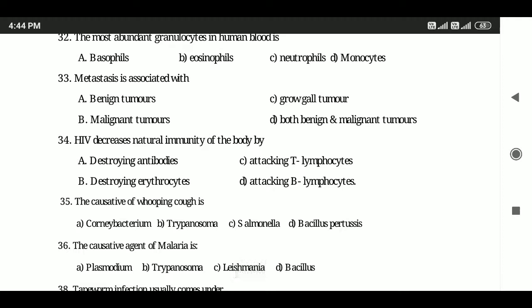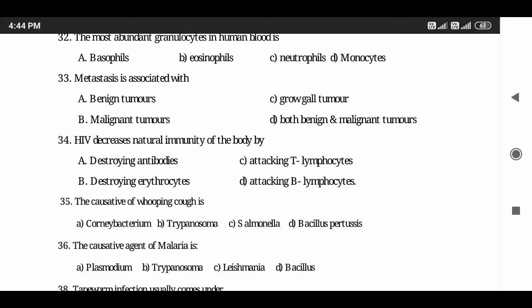Metastasis is associated with benign tumor, growth gall tumor, malignant tumor, both benign and malignant tumor. In malignant tumor, the tumor cells get separated and can be circulated and spread into the body. This process is called metastasis. So metastasis is associated with malignant tumors.